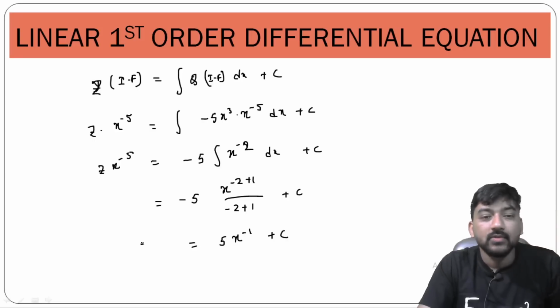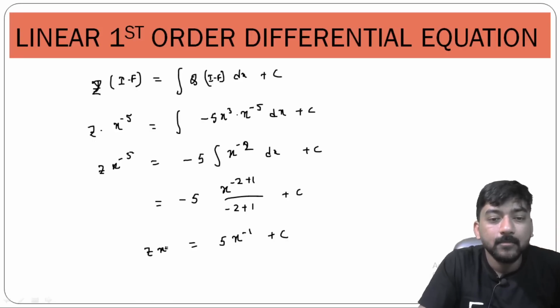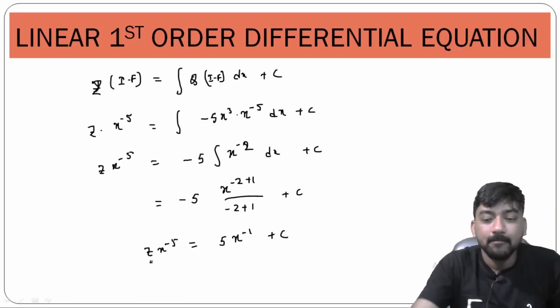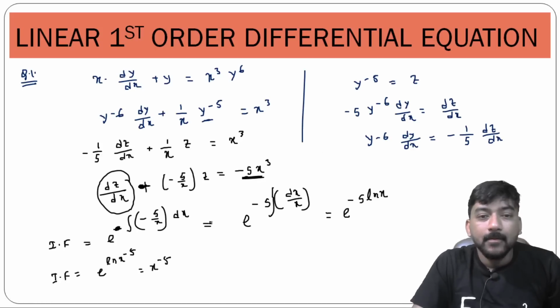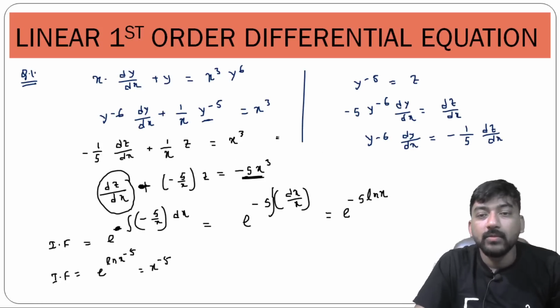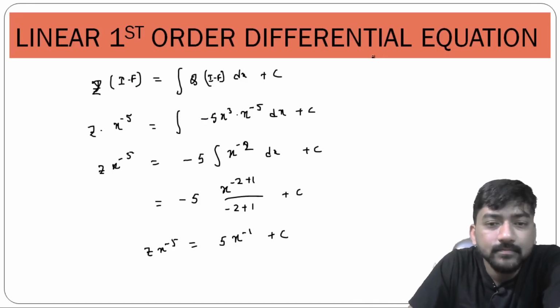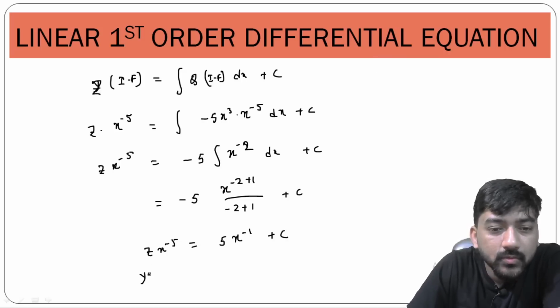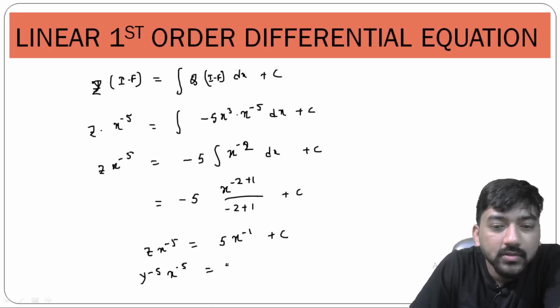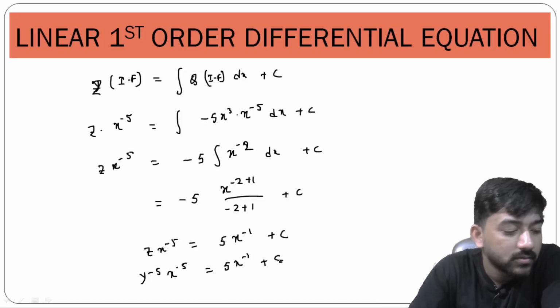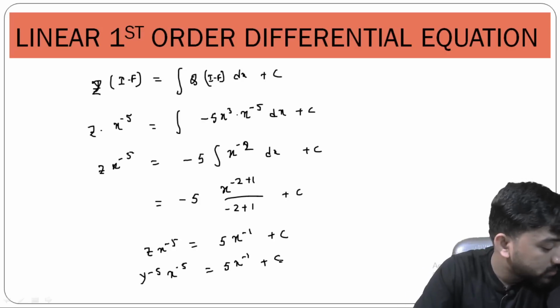Now you have to put z as y to the power minus 5. So here it will be y to the power minus 5 into x to the power minus 5 equal to 5x to the power minus 1 plus c. So this will be a solution.